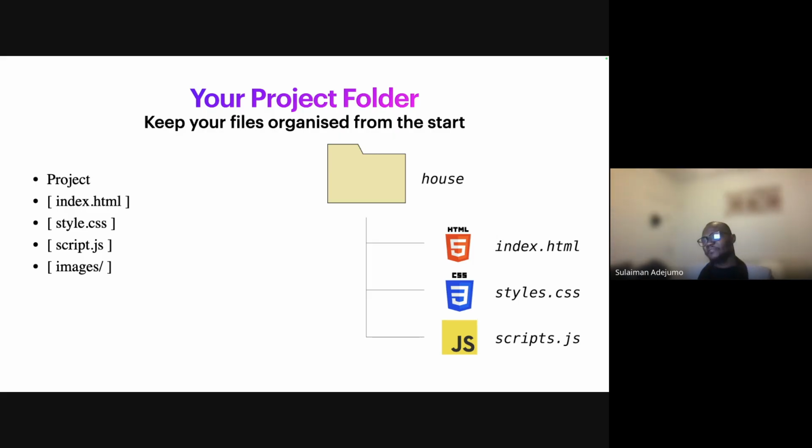So next we have the style.css. This controls the appearance of your website. This is where you decide how things look, including colors, spacing, fonts, and layouts. So one of the most important habits in front-end development is keeping all your styling inside the CSS file instead of mixing it into the HTML.